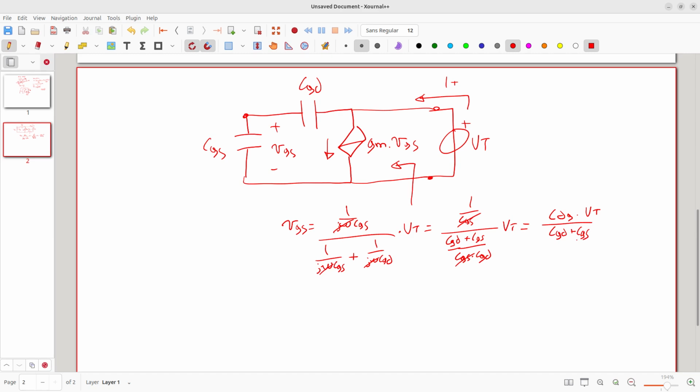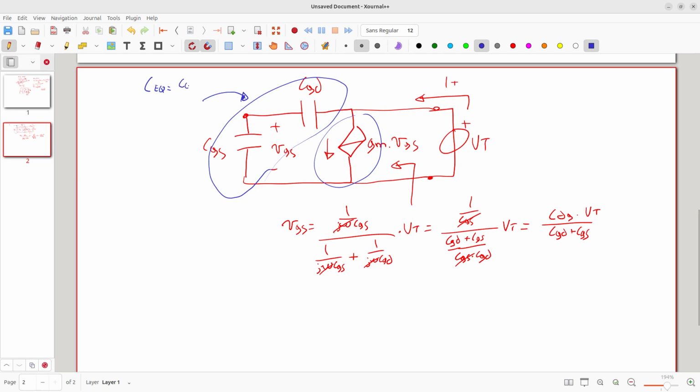Okay, and then we can calculate the current that passes in this direction. That will depend basically on this current here and the current that flows here. So I'm going to separate. I know that the current that is going to flow here will depend on this series capacitance. This series capacitance is a C equivalent that I will call it.